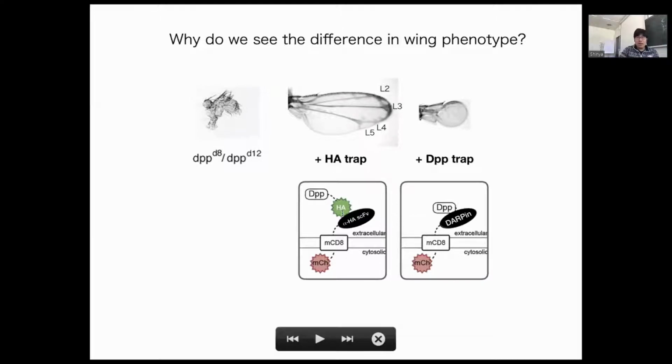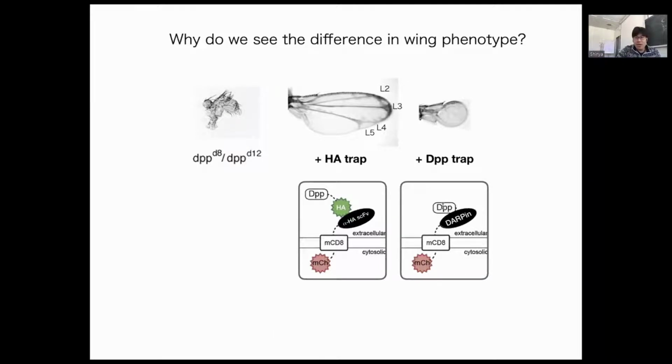So if the HA trap binds the HA tag, then it's possible that DPP is still free to activate signal. And DPP trap binds to DPP, so it's not super surprising that DPP cannot bind to the receptor properly.